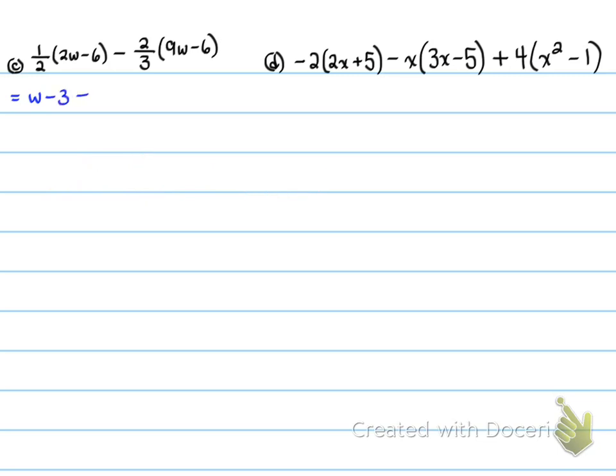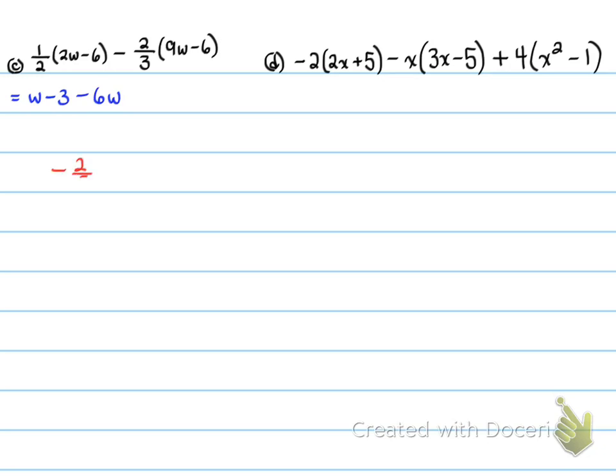Okay, minus 3. The reason it is minus 3 is 1/2 times negative 6, which gives us minus 3. 1/2 of 6 is 3. Minus 2/3 of 9w gives us negative 6w. Let's practice and see why that's the case.